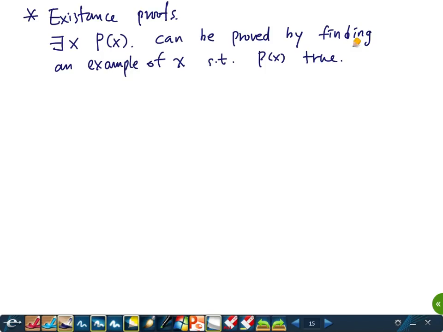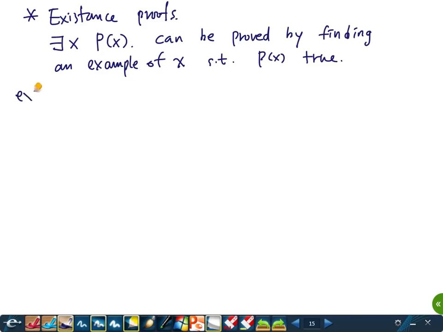Just one example is enough, because this is what it says. One example. It doesn't say that there are many, at least one. There can be many, it doesn't care. This statement only cares about just one. One is quite enough.